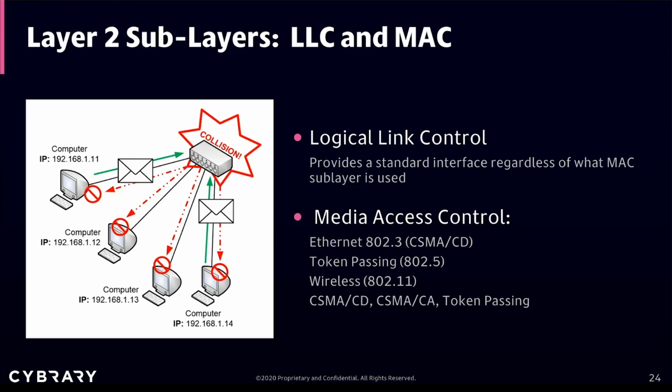Ethernet uses a media access method called CSMA/CD. That stands for Carrier Sense Multiple Access with Collision Detection. That's a mouthful, right? Carrier Sense Multiple Access with Collision Detection, but it actually is exactly what it sounds like. If a network card has data to transmit, it senses the cable, carrier sense. The trick with that is the two systems could be sensing the cable at the exact same time.